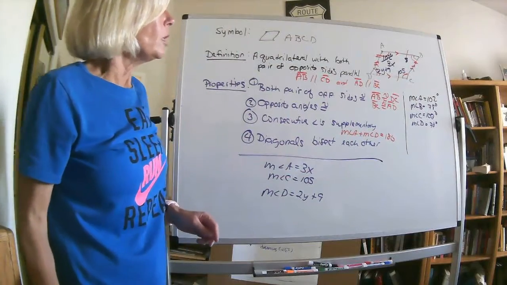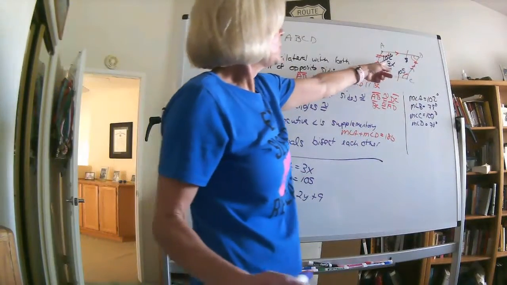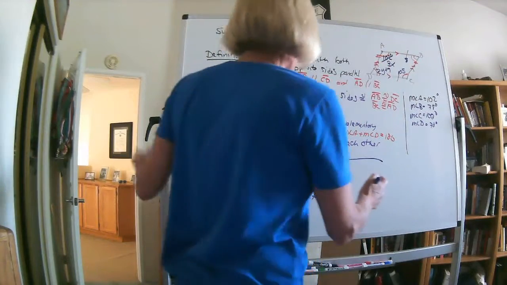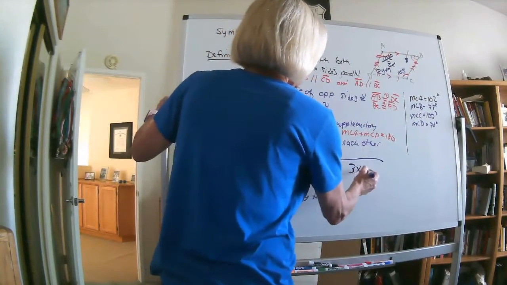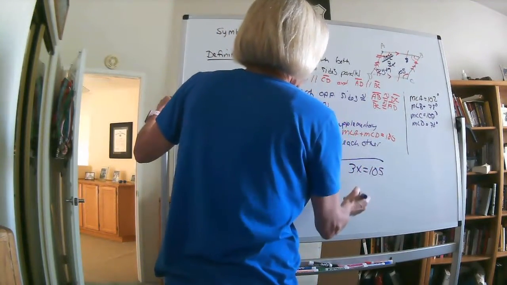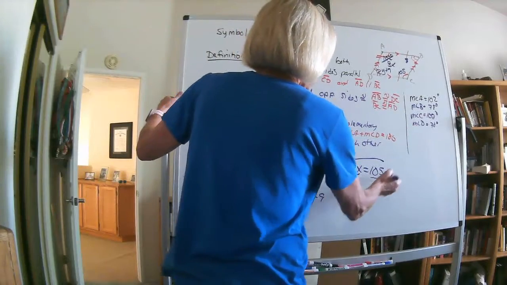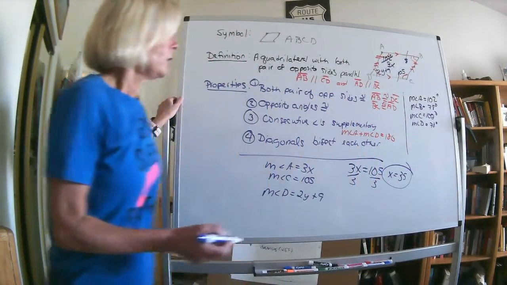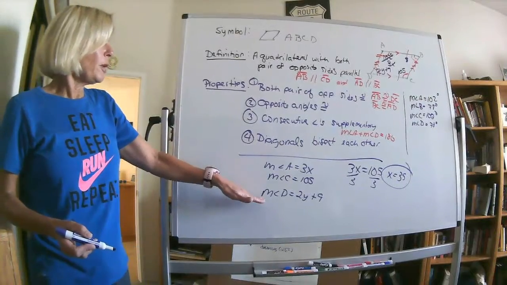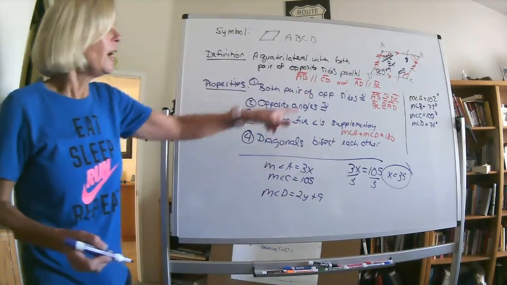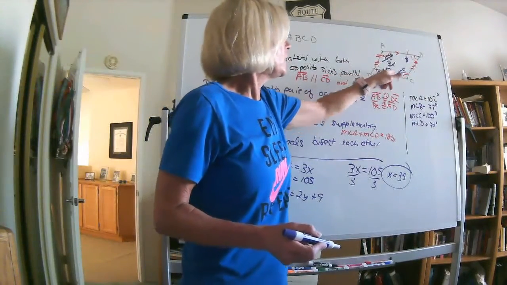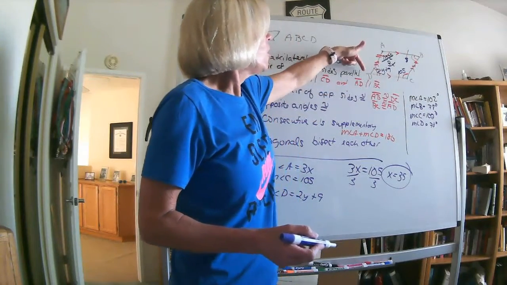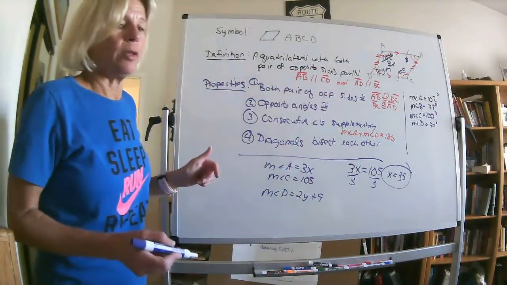So to begin with, I'm going to solve for x because opposite angles are congruent. So I'm going to set 3x equal to 105, and when I solve that, I get x equals 35. To find out what the measure of angle D is, I need to know that angle D and angle C are supplementary, or angle D and angle A are supplementary.